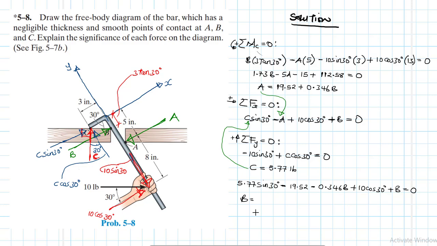What do we have? We have a 12.19 pounds. So we found everything, I think so.